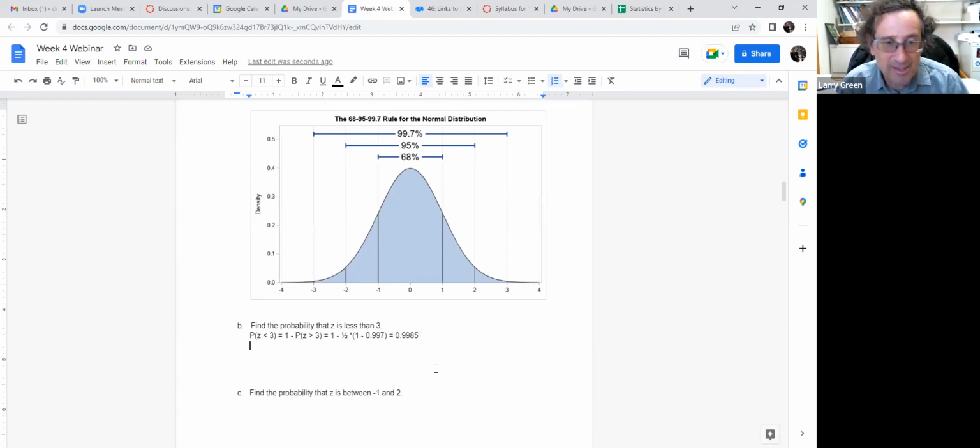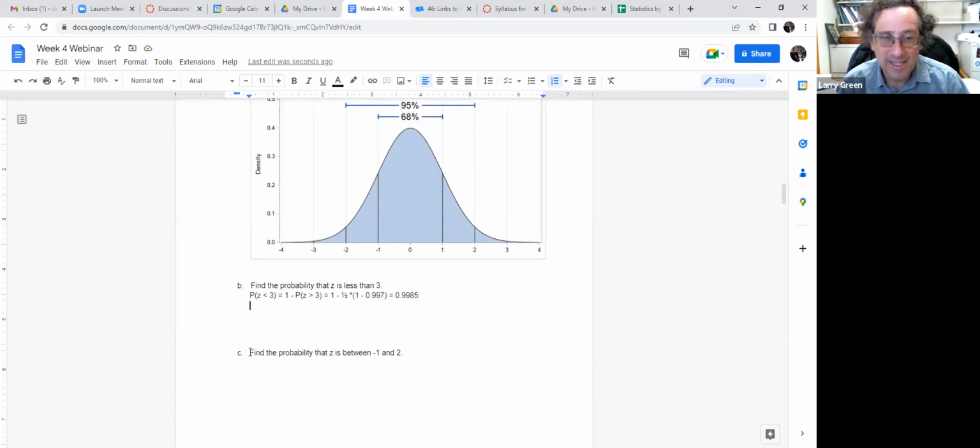Okay, so now let's do the third idea. And that is, let's find the probability that Z is between -1 and 2. So the problem with this one is we know the probability between -1 and 1.